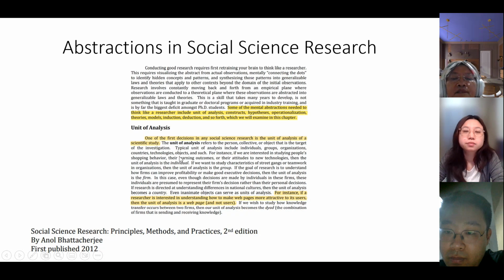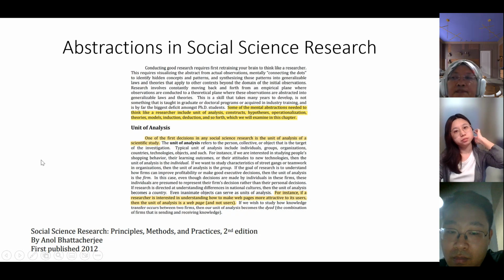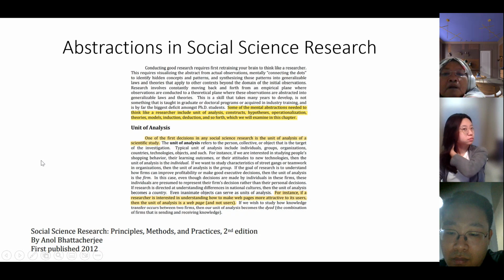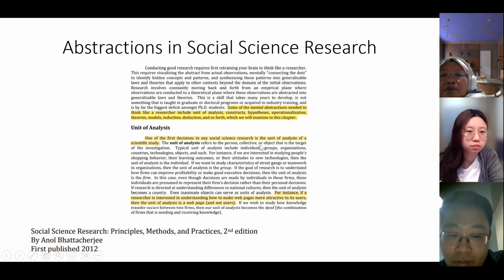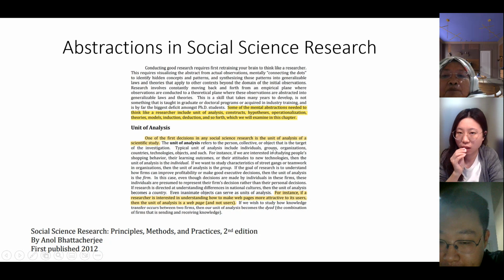So units of analysis, it depends. One of the first decisions in any social science study is the unit of analysis. The unit of analysis refers to the person, that means an individual or collective of individuals, or object that is the target of the investigation.